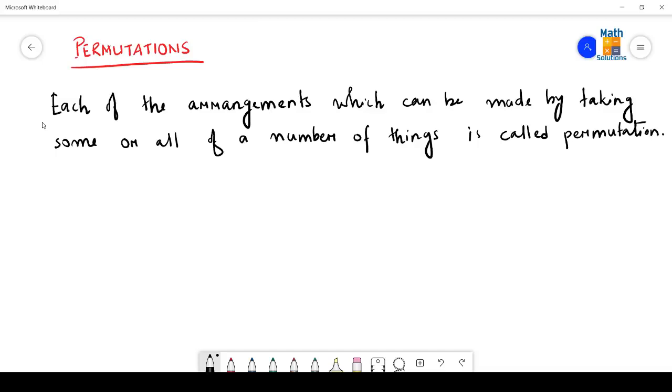So this is the definition of permutation. Now with an example, let us proceed. Say this is the example.